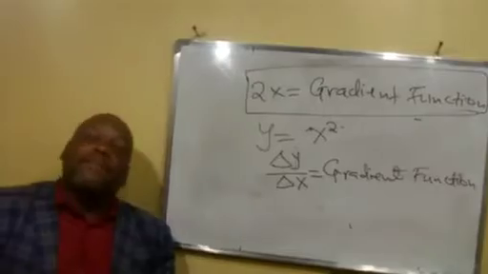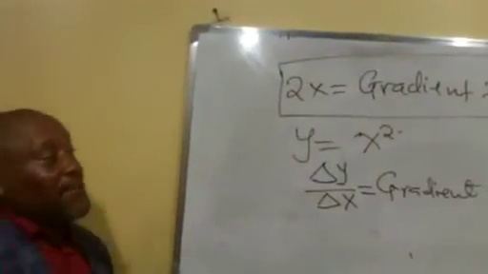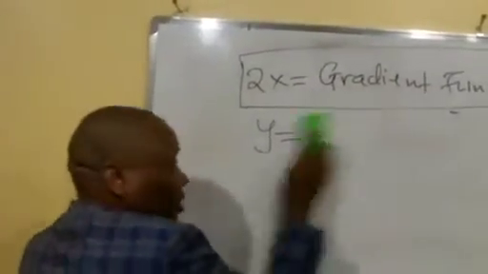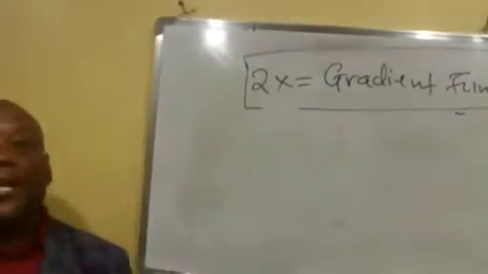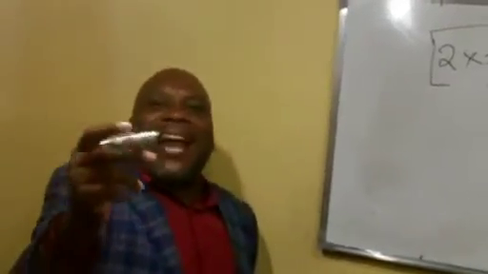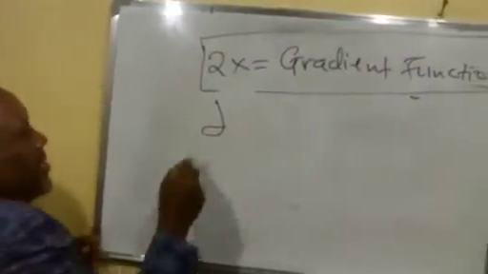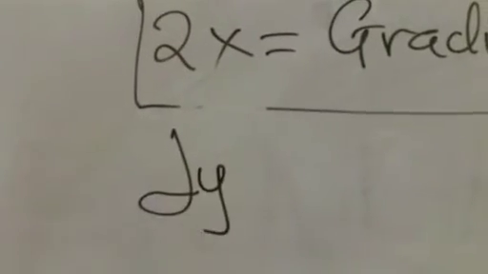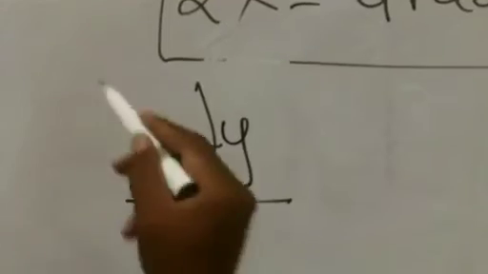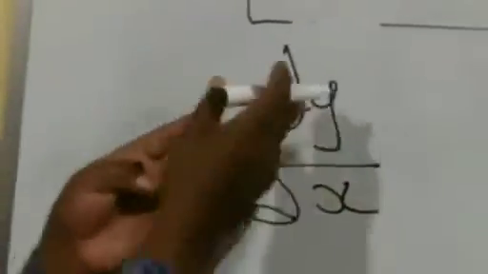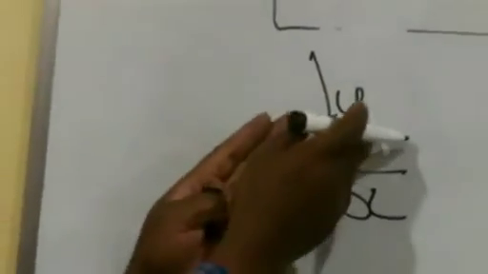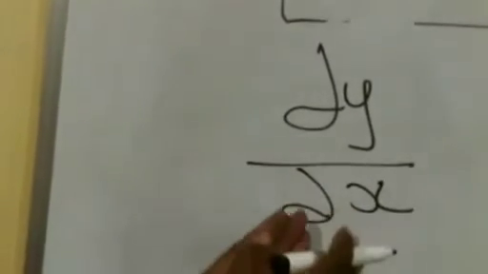Because it's a very, very small change which we have introduced, we denote it by delta. So we have a change in y, which is called delta y, over the change in x, which, because it is a small change, we call delta x. So dy over dx denotes a very small change in y over a very small change in x.